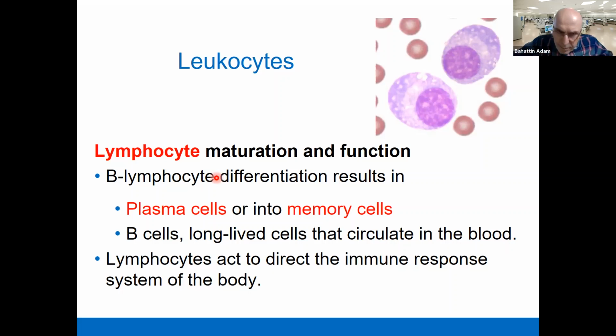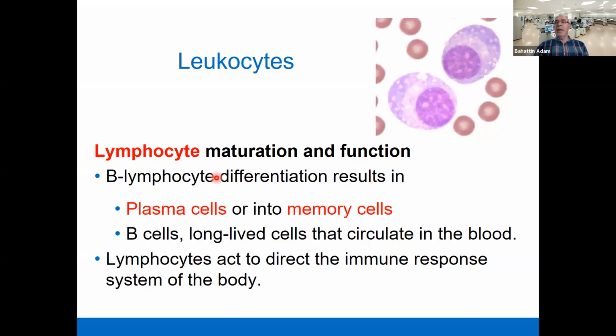When the B lymphocytes encounter a microorganism, some of them differentiate to plasma cells to produce antibodies. Some of them differentiate to memory cells, and they live for a long time as a memory of the human immune system.